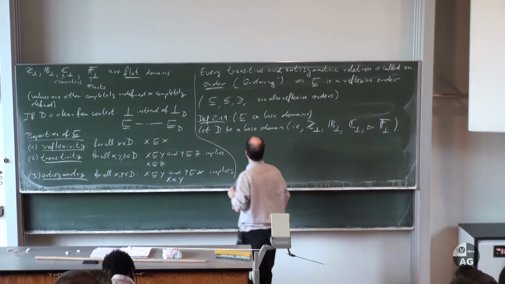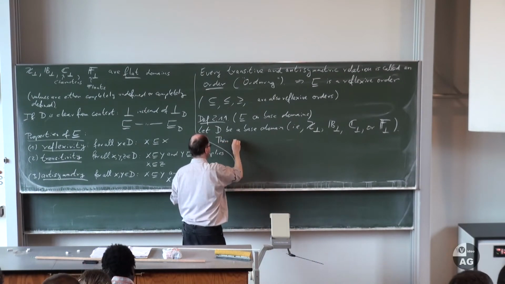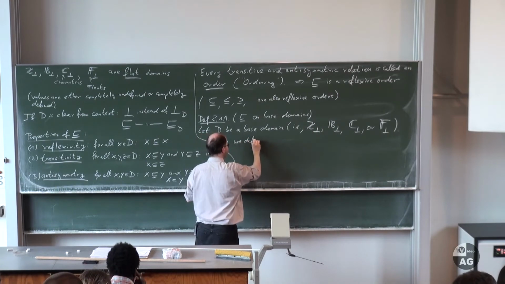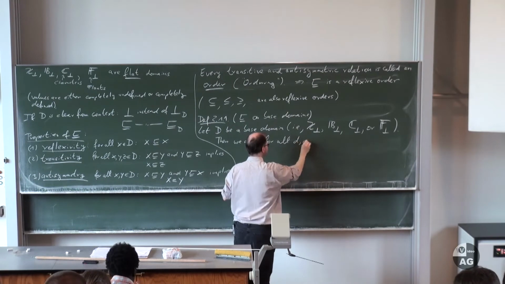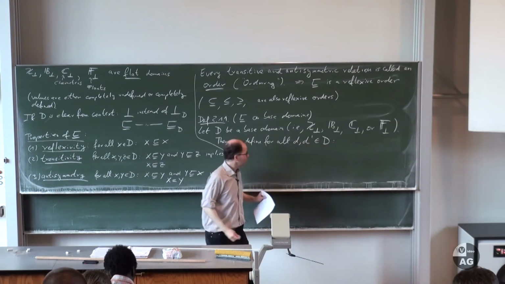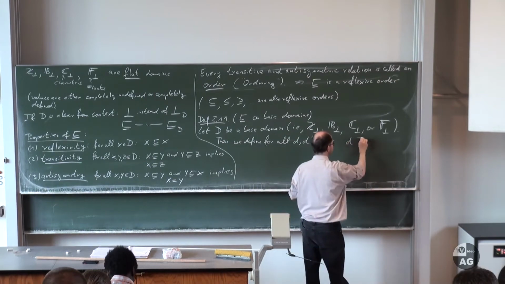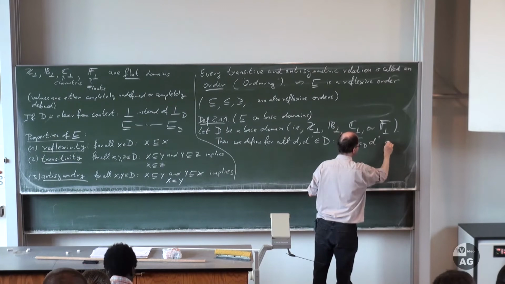And then how is this relation defined? We define the following for all objects D and D prime from this domain. We say that D is less defined or equal to D prime if and only if.